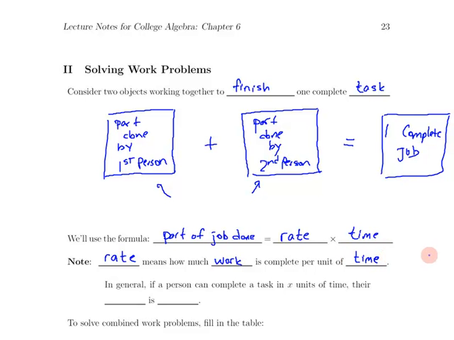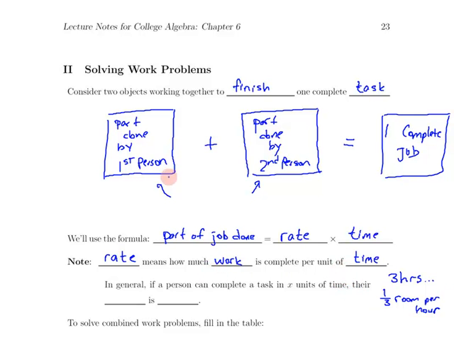And here's the general rule. Think of it this way. If I can paint the room in 3 hours, that means I can do 1/3 of the room per hour, doesn't it? That's how much of the job I get done in 1 hour. If I can paint the whole thing in 3 hours, I can do 1/3 of the room every hour that goes by. Let's just make the assumption I'm working at a nice constant rate.